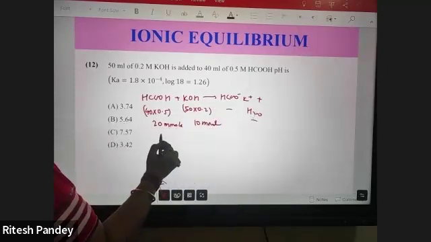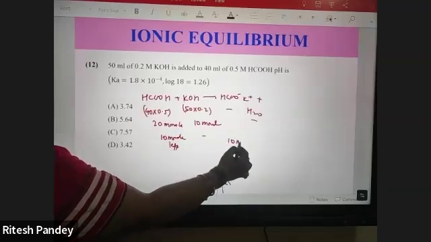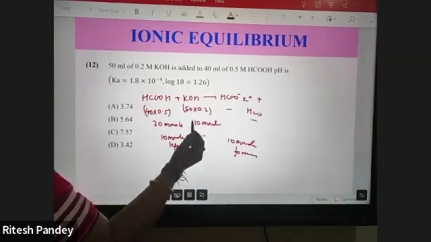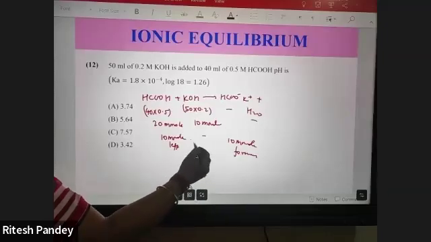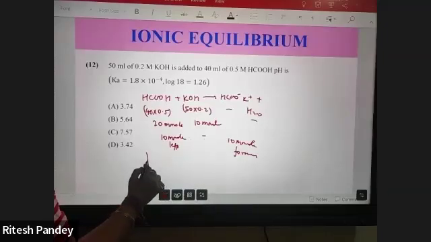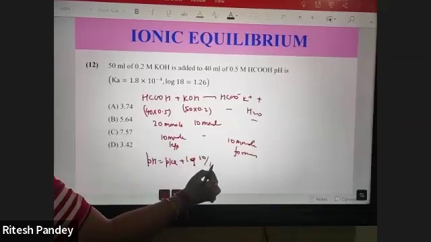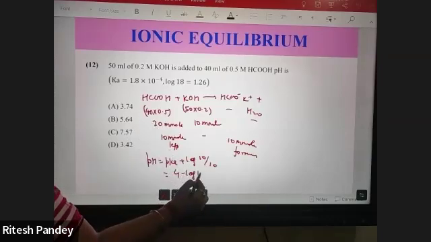There is a particular reason for this. This 10 millimole is left and this 10 millimole is formed. What is formed? Potassium formate. This also makes the calculation easy, and I'll tell you later that this also makes the buffer best. Anyway, it's going to be an acidic buffer with pH equal to pKa plus log of 10/10, which will even out. And naturally, pH is equal to pKa, which is 4, minus log 1.8.